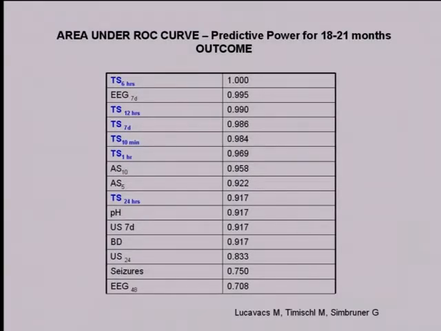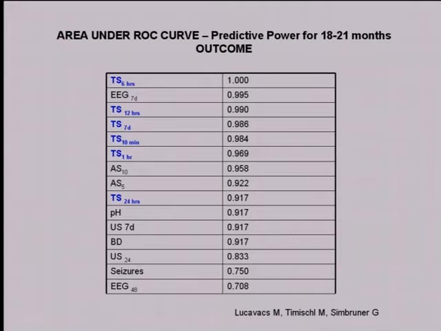We have analyzed the predictive power of various variables by the so-called receiver operating characteristics, which is not dependent on the cutoff level, and so sensitivity and specificity is not dependent on what you choose as cutoff. And you can see, first of all, the Thompson score appears 5 times amongst the 6 best predictors. Thompson score at 6 hours, 12 hours, 7 days, 10 minutes, and 1 hour.